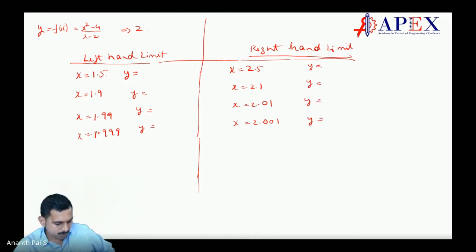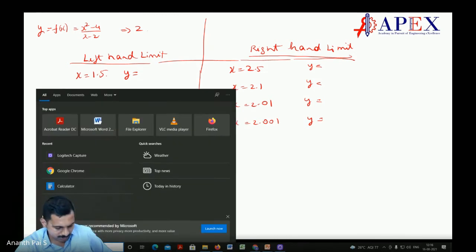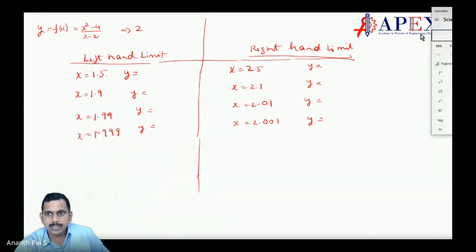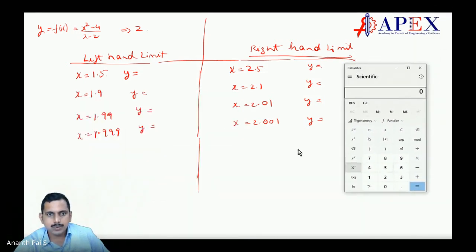Let us open calculator here. So what is it? X square minus 4. So 1.5 square, divided by 0.5.